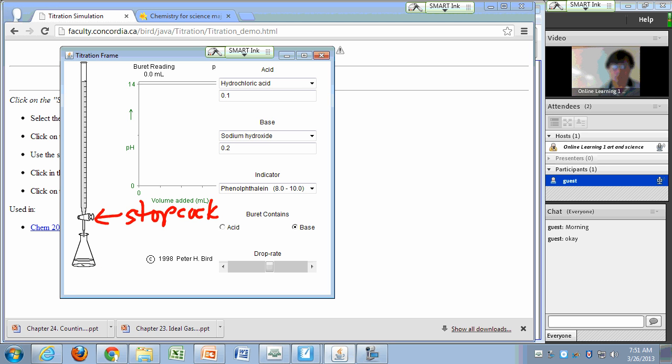And so what you do in this simulation is you just click on this stopcock if you want to add the titrant to your flask.